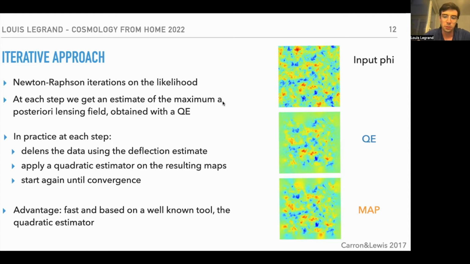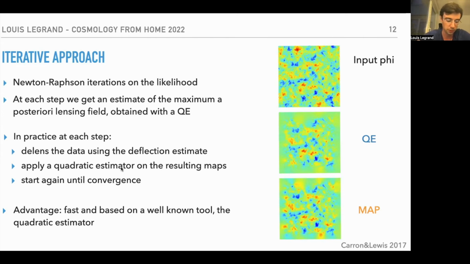And in practice, if you write down the equations, the gradient of the likelihood that is defined with the lensing potential and the observed maps can be written as a quadratic estimator on the observed fields, but a quadratic estimator with some modified weights. So in practice, what we do is at each step, you delense the data using the deflection estimate. You apply a quadratic estimator on the resulting maps, and then you start again until it converges.